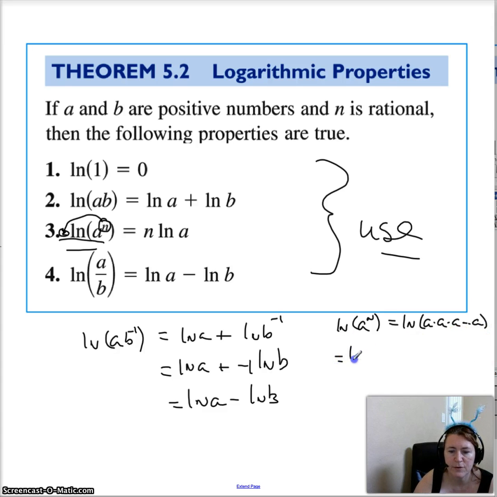So that's the natural log of a plus the natural log of a plus the natural log of a plus dot dot dot. You got the idea, natural log of a. Now how many of these are you going to have? Of course you're going to have n of them. So this is n natural log of a. Isn't that cool? All right. Yeah, I'm easily amused, I know.